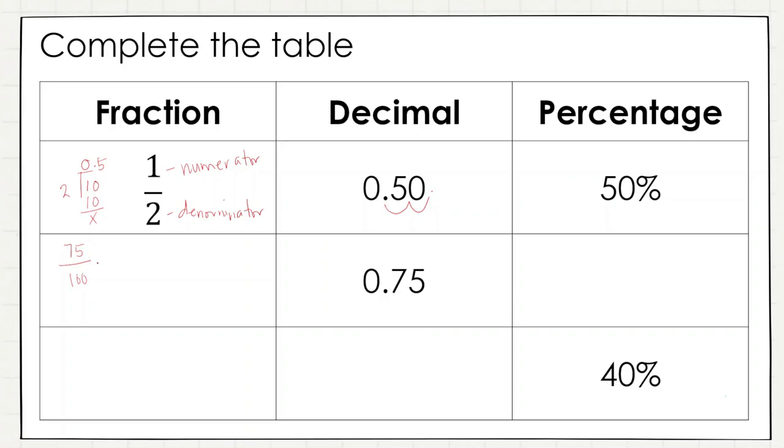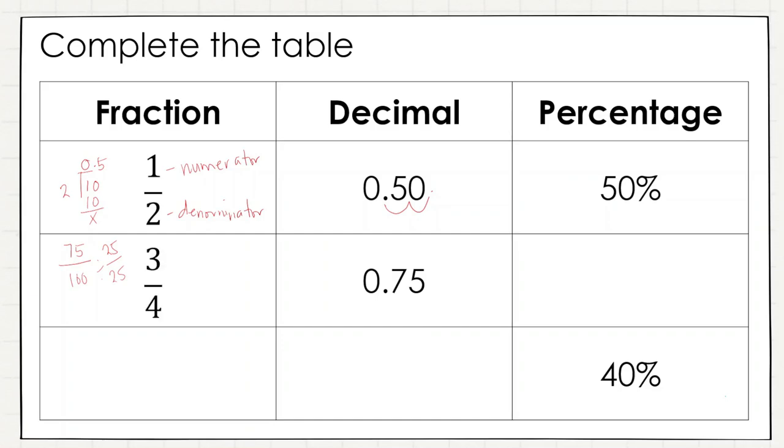And then, if necessary, get the lowest term or the simplest form. 75 over 100. The GCF is 25. So we're going to divide the numerator and the denominator by 25. Therefore, the fraction form is 3/4.